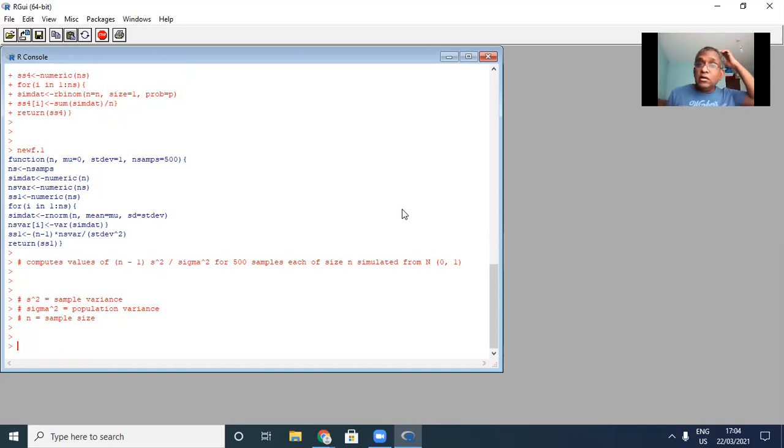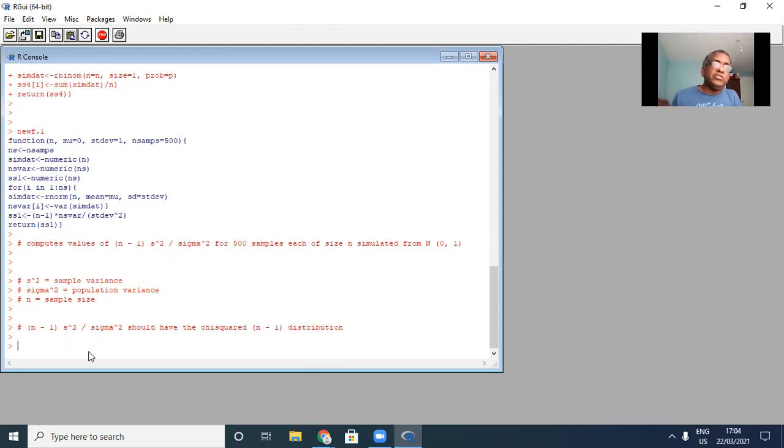Now I don't know whether you remember, you should remember that one of the things I taught you in the class is that this quantity should have a known distribution. If you look at the video I did on the chi-square distribution, one of the results I mentioned in that video is this: n minus 1 times s squared divided by sigma squared should have the chi-square distribution with n minus 1 degrees of freedom.